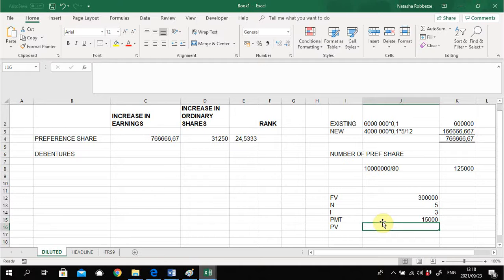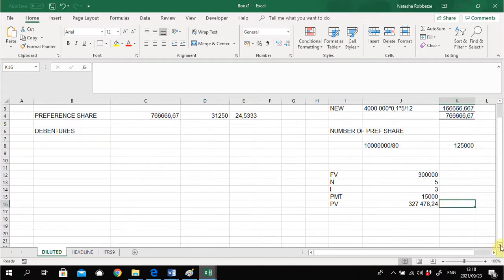If I type that information into my calculator, 300,000 is the future value for 5 years at 3% at a payment of 15,000, and I calculate the present value, I get 327,478.24. That is the present value that I am calculating as it relates to the debentures.